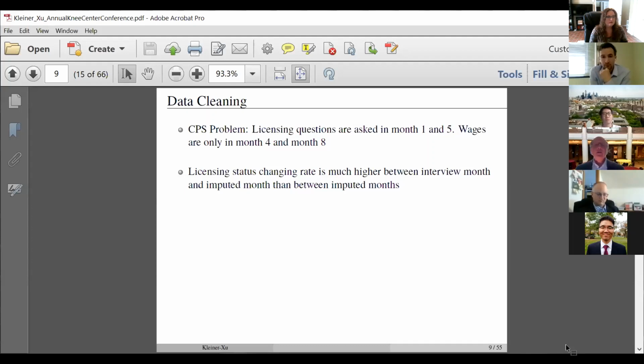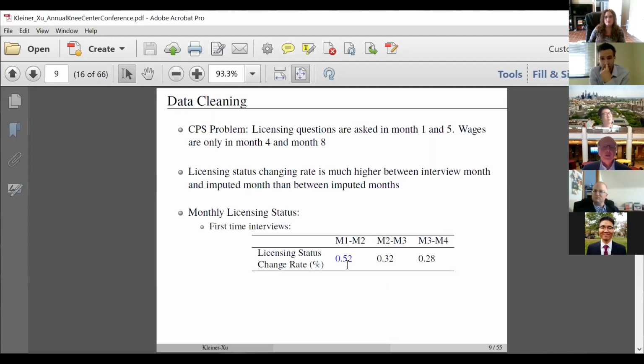Consequently, there's some differences in the percent licensed and wage data in terms of both when the questions on licensing are asked and when the data in terms of wages are asked. So licensing status changes over those months in the CPS, and we notice the following.